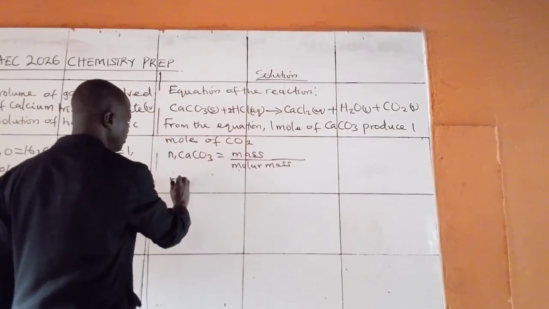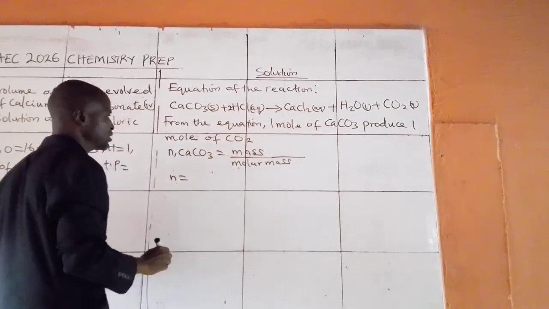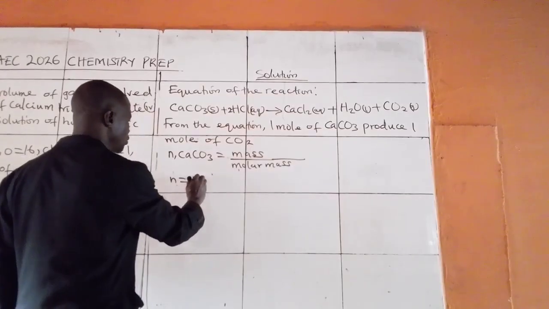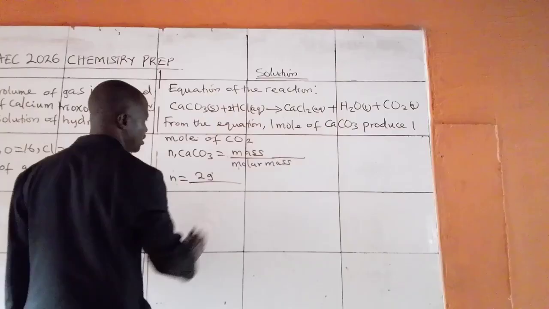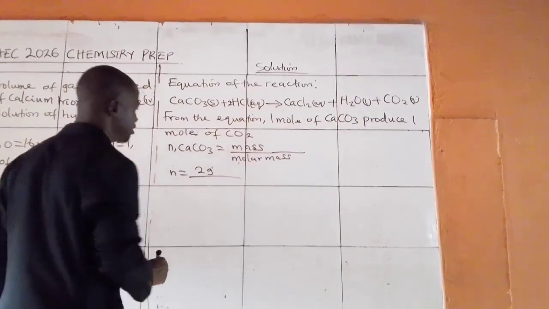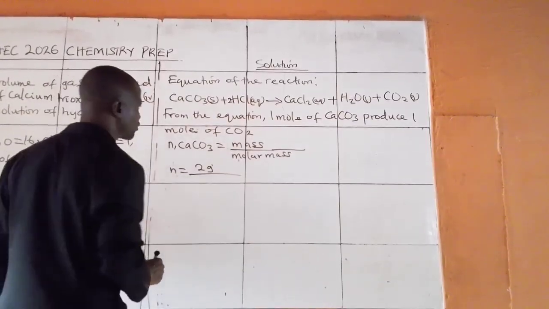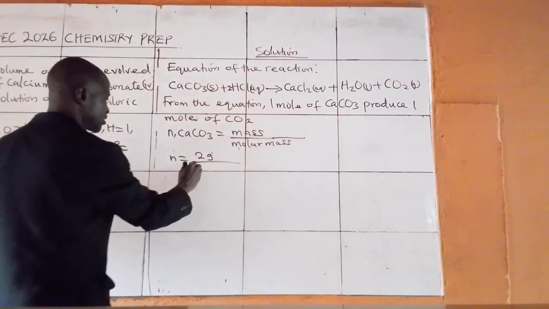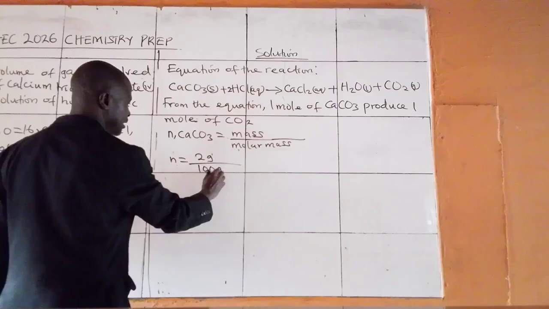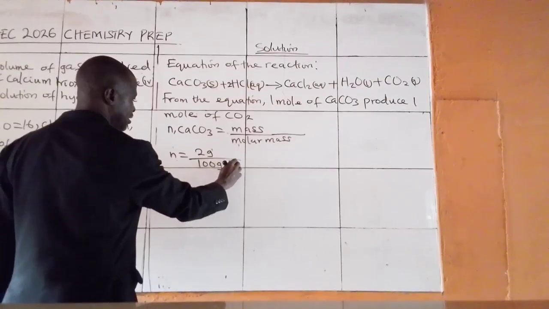By substituting, n is equal to 2 gram all over the molar mass of calcium trioxocarbonate(IV), which is 100 gram per mole.